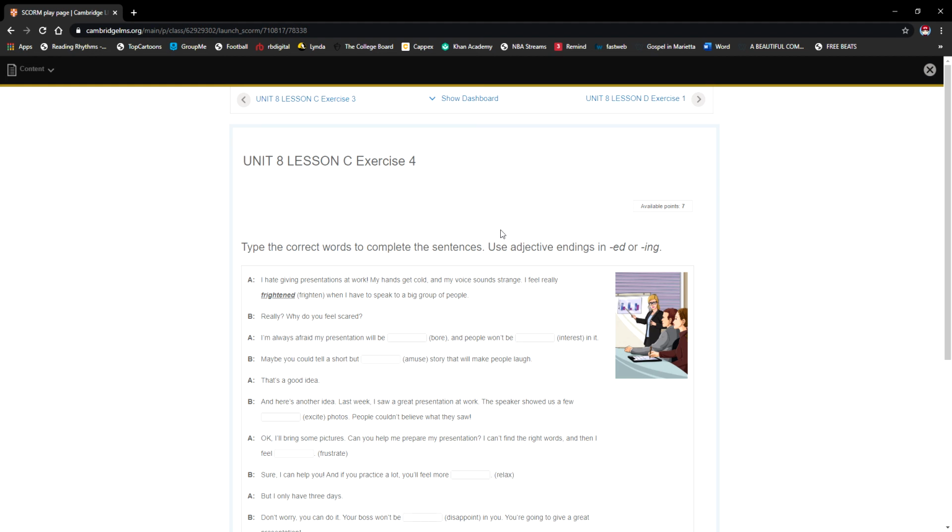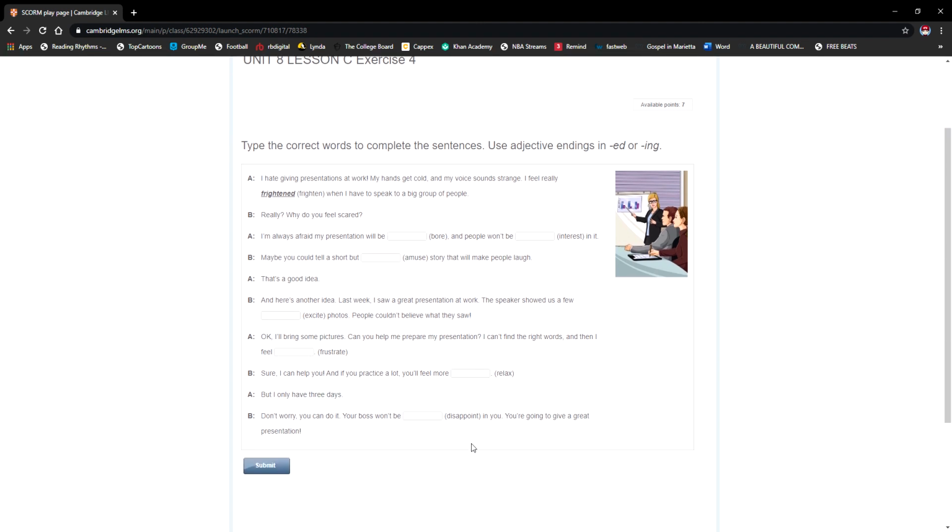Complete the sentences, use adjectives ending in ed or ing. So what you have to do is to complete the sentences with the correct adjective, ed or ing, okay? So I'm going to read and we are going to go on and complete together. It is the same as in your book, so you can follow the reading in your book or on the screen.